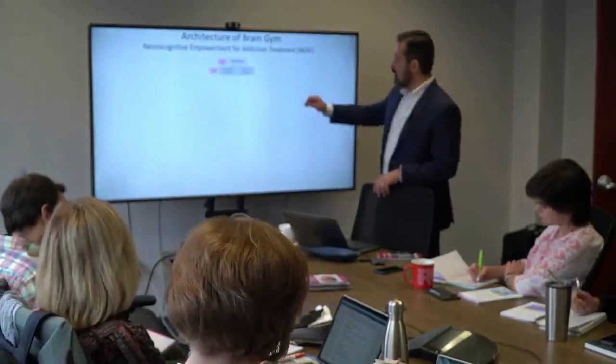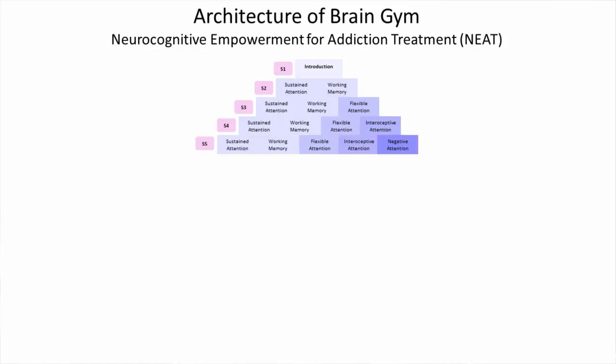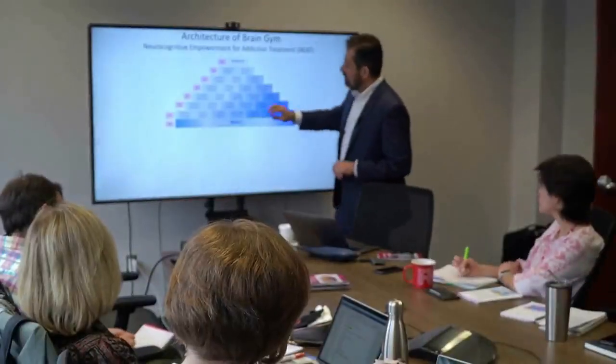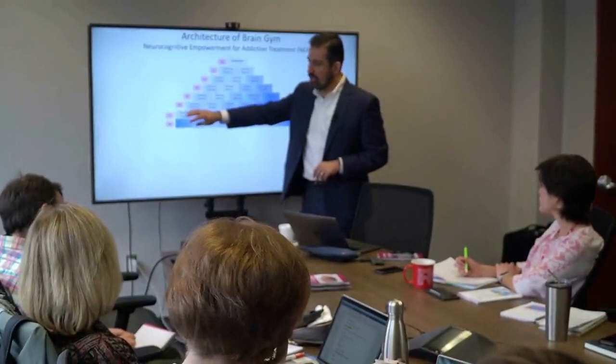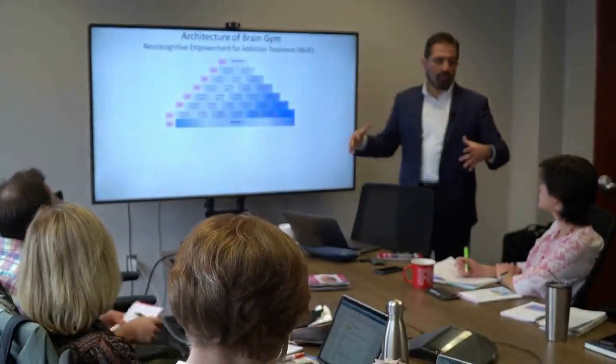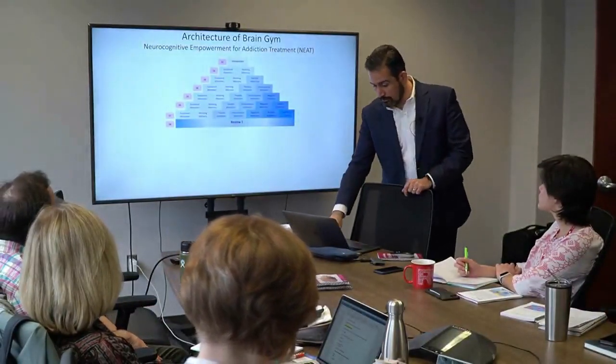We start from basic cognitive functions, sustained attention and working memory, and eventually we add things to that. We add flexible attention in session 3. We add interoception attention, negative attention, positive attention, inhibitory control, and then a review session. We still have the sustained attention training, but we expand that with more complex cognitive functions. We call that hierarchical cognitive architecture for the package.